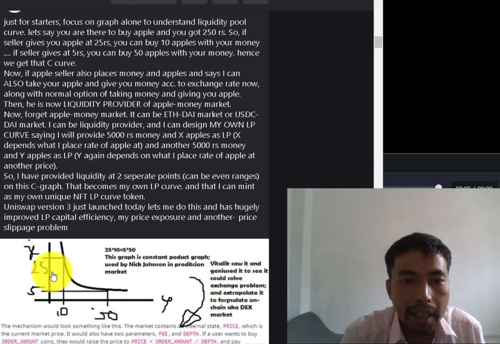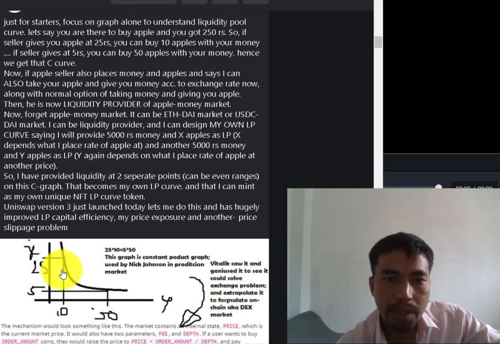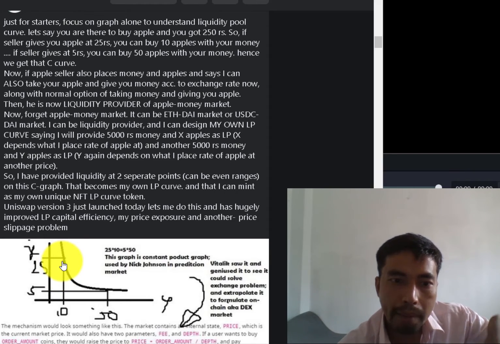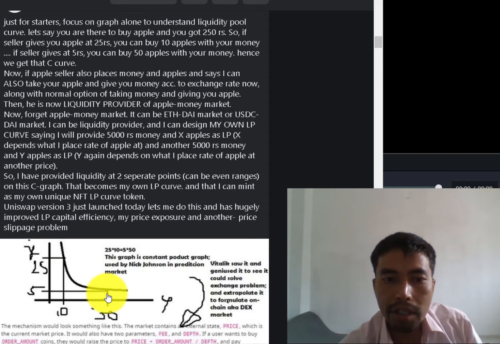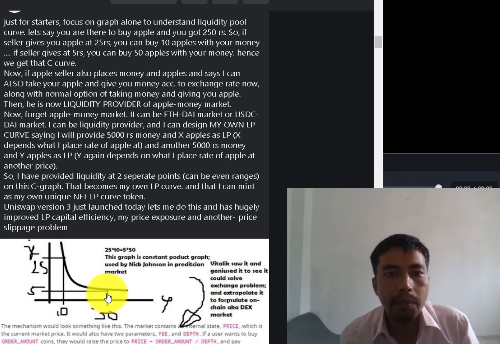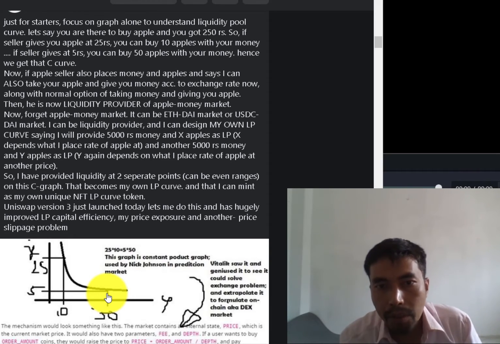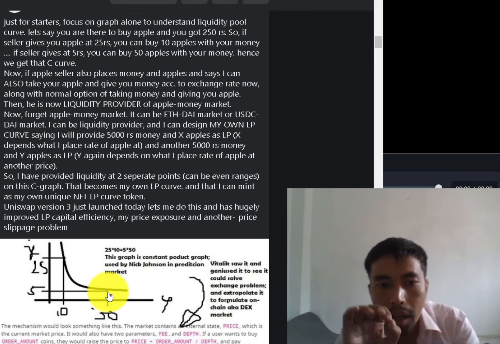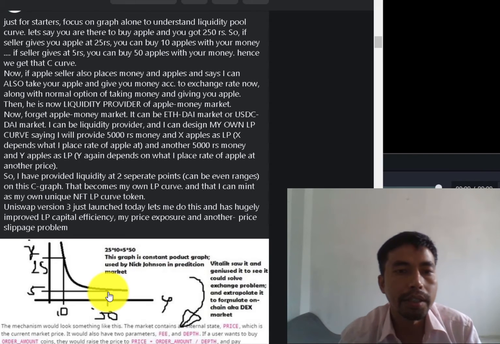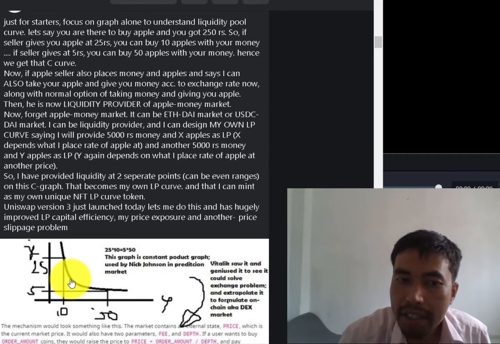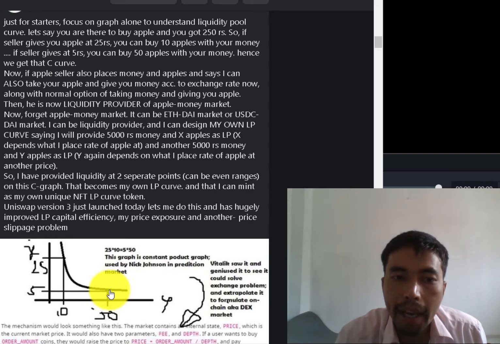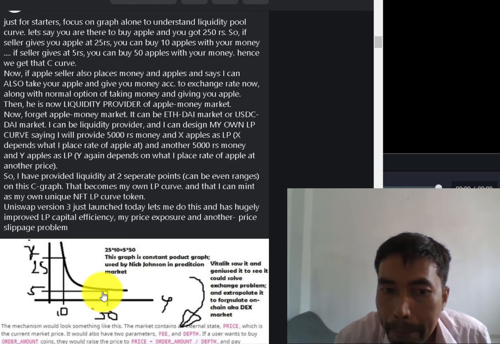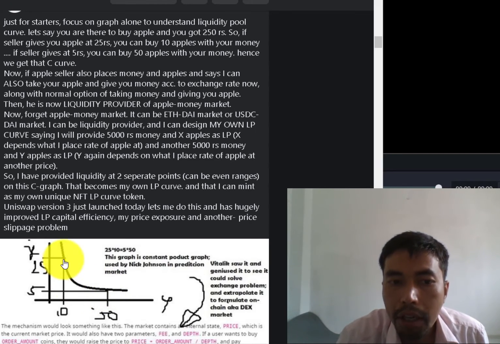So you can say that I will be offering 5,000 rupees money and X apples at point A on my liquidity cup, or in other situation you can also say that I will also provide my additional 5,000 rupees and Y apples. Y apples depends again on the exchange rate of apples on another point on your own liquidity curve.